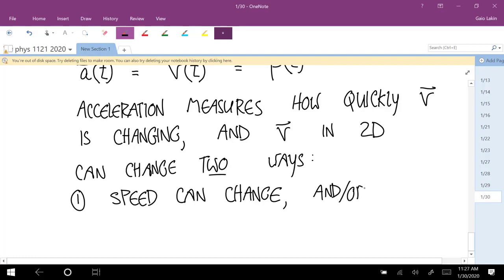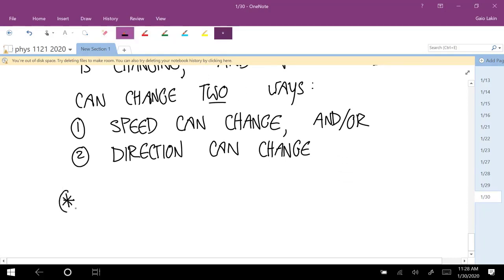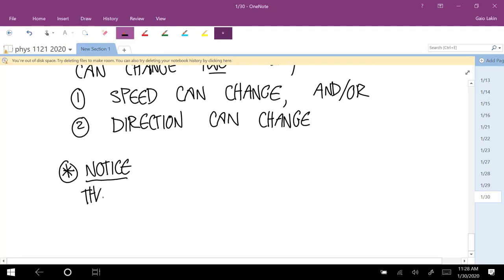And or the direction can change. And so what I want you to notice is that that is fundamentally different from what the acceleration represented in 1D.